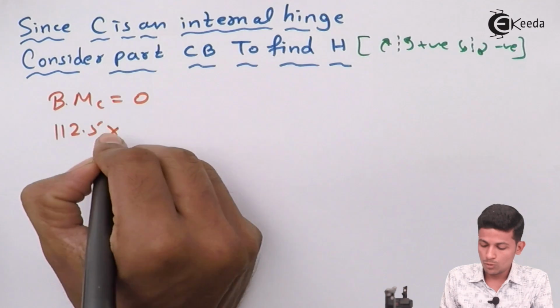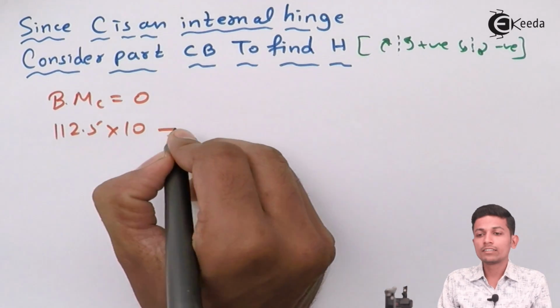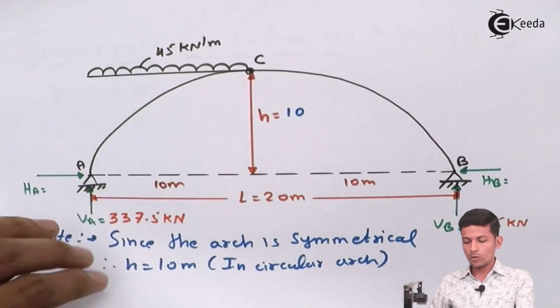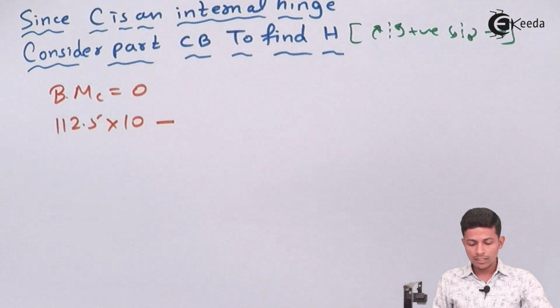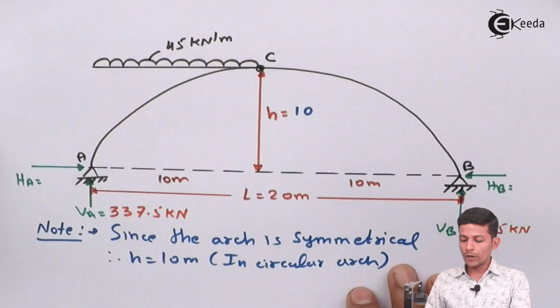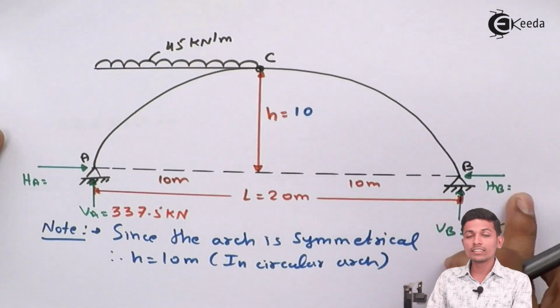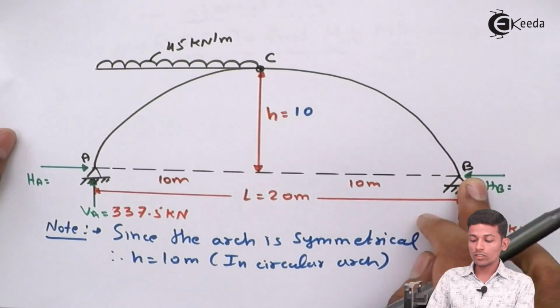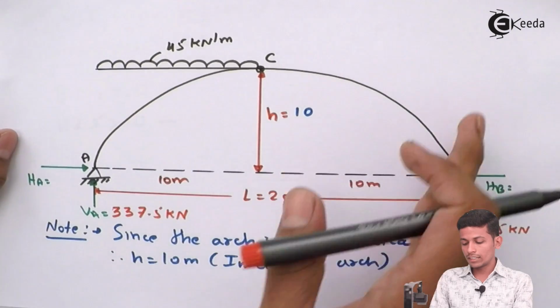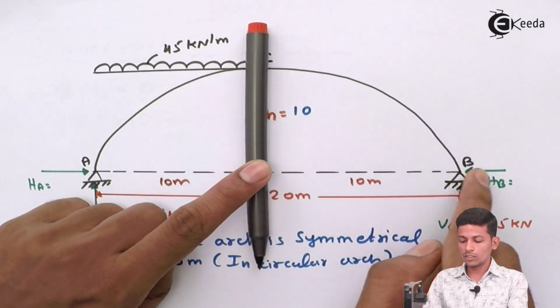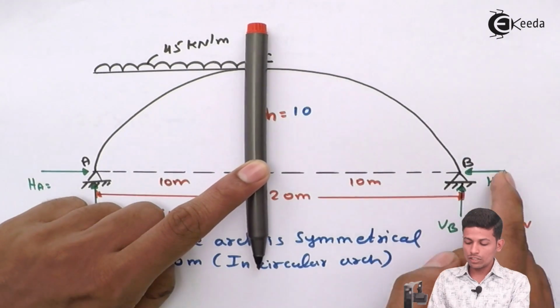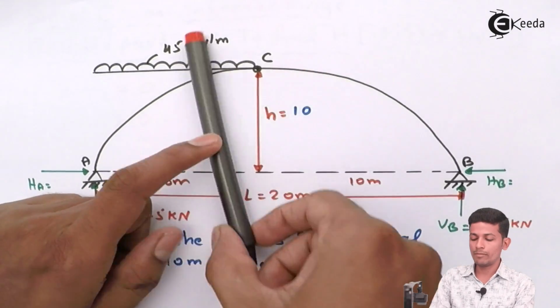112.5 into 10, then minus this H. Now see friends, we have the bending moment at C means this 112.5 into 10, then minus this H, because we are taking the section over here and this will go in this direction. So this force into that perpendicular distance, which is 10.